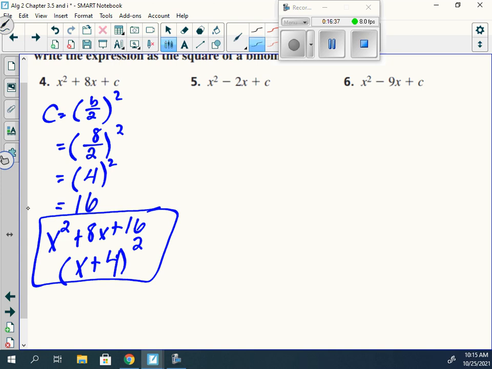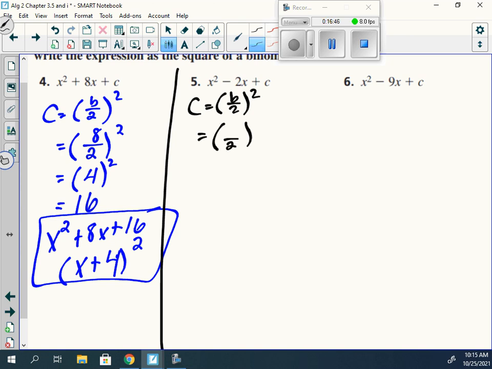Let's look at the next one. What's the value of b for number 5? Well, negative 2 divided by 2 is? Negative 1 squared.